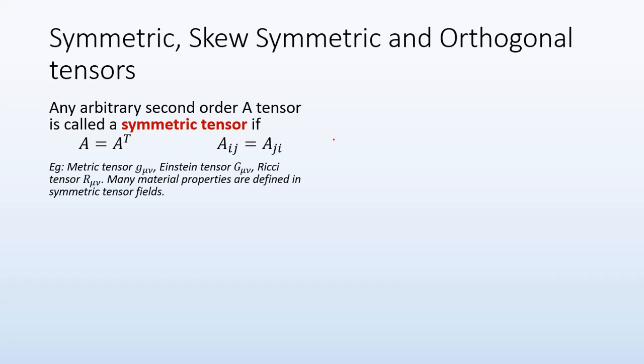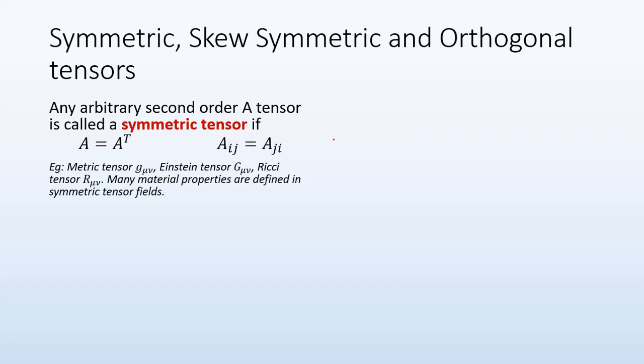Now, with what we have learned with the transpose, we can actually classify tensors into symmetric, skew symmetric or orthogonal tensors. If a tensor is symmetric, then its transpose and itself will be equal.